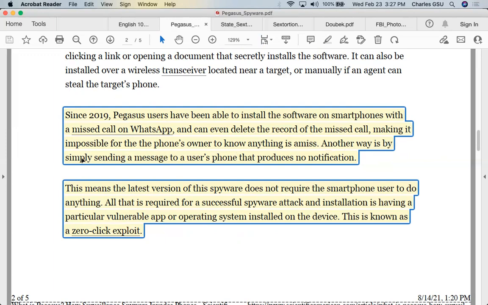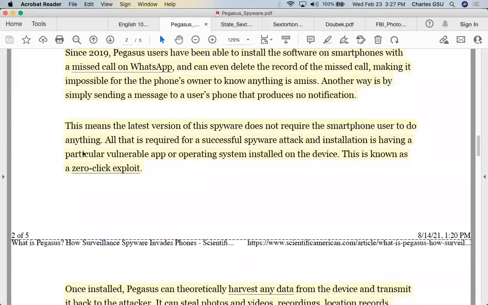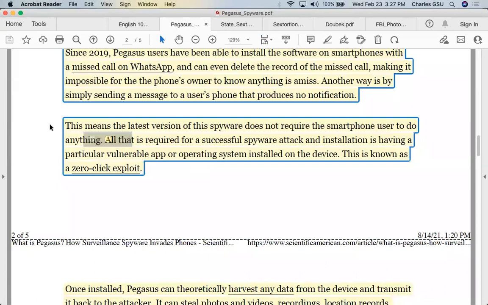Another way is by simply sending a message to a user's phone that produces no identification. This means that the latest version of this spyware does not require the smartphone user to do anything. All that is required for a successful spyware attack and installation is having a particular vulnerable app or operating system installed on the device. This is known as a zero-click exploit.